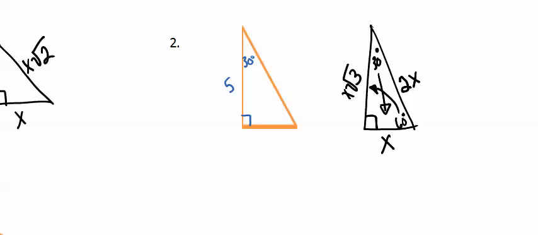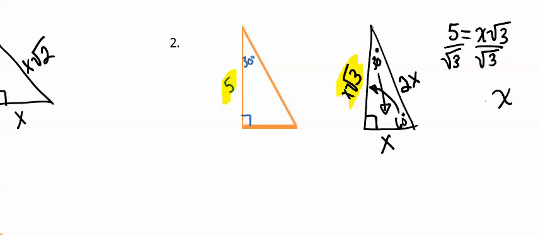So in this case, 5 corresponds to the x square root of 3. So we can set that to each other. 5 equals x square root of 3. If we solve for x, we rationalize, x is 5 square root of 3 over 3.